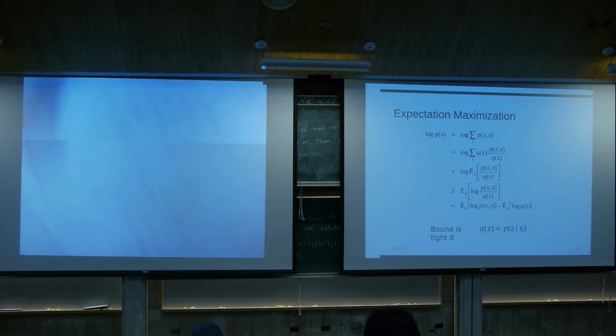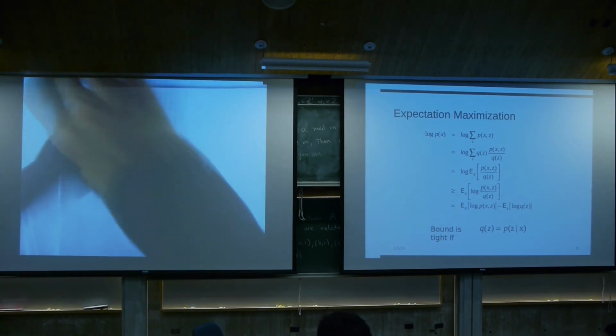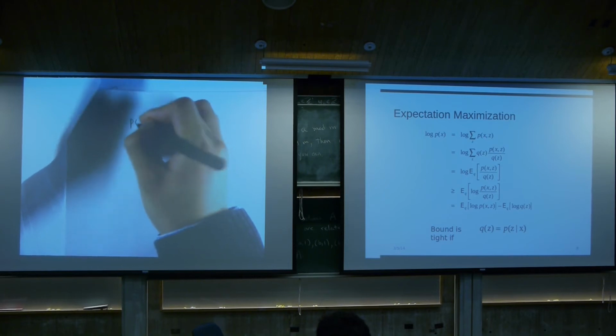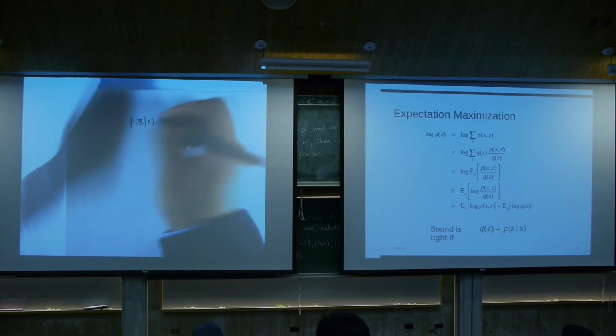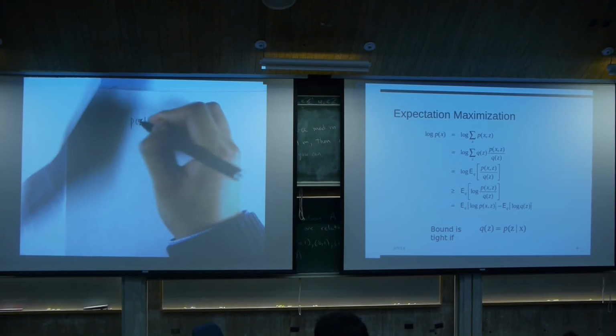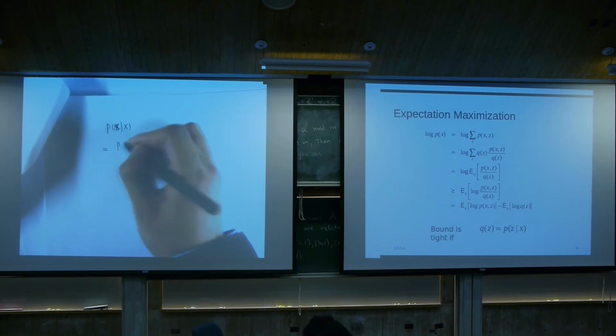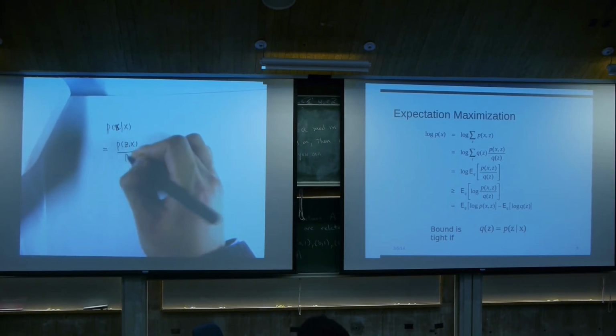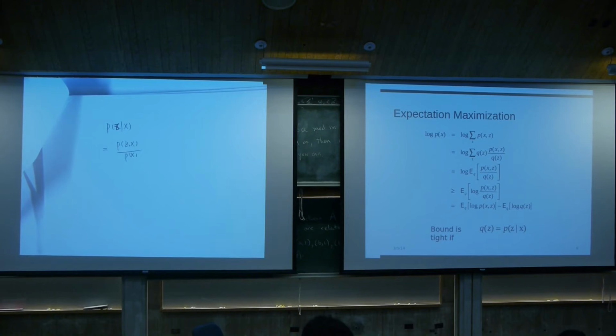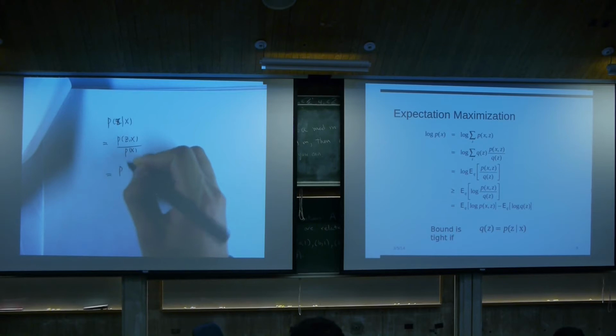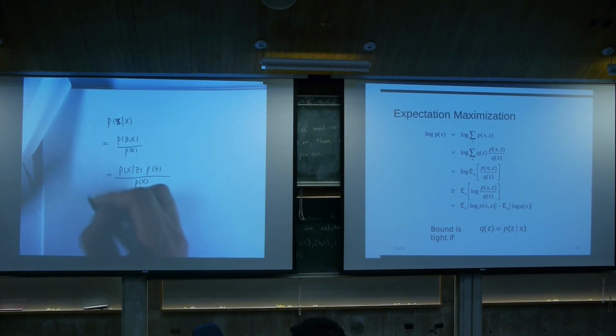Let's first do the E step, which is to estimate P(Z given X). This is very simple. It is P(X,Z) over P(X). This is the definition of conditional probability, right? And we factorize the joint probability into P(X given Z) P(Z), over P(X). Now Z can take capital K values.